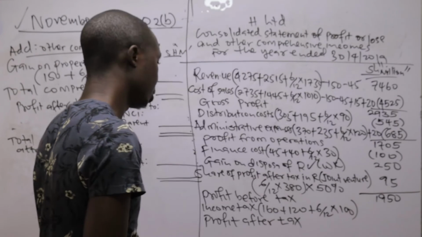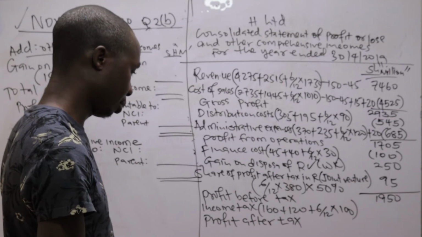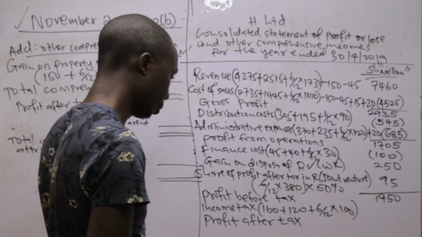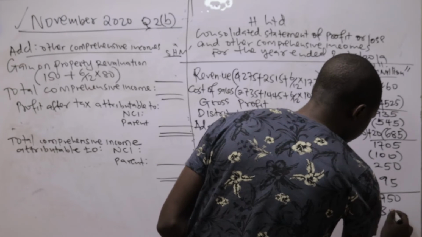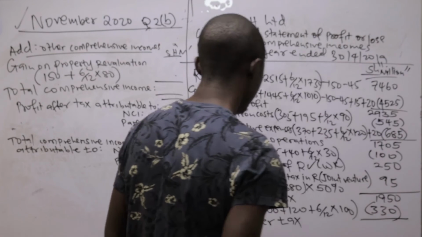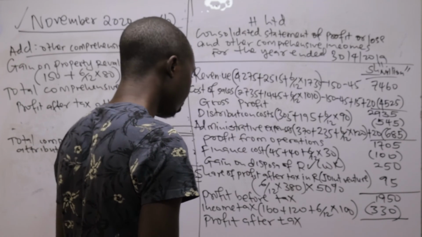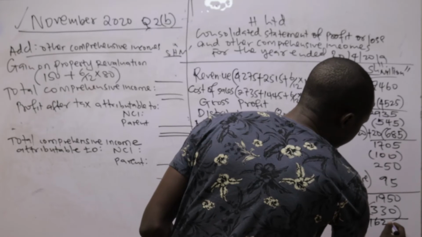That is profit before tax. 160 plus 120 plus 50 is 330. My good students. 1950 deduct tax, profit after tax, we have 1620.